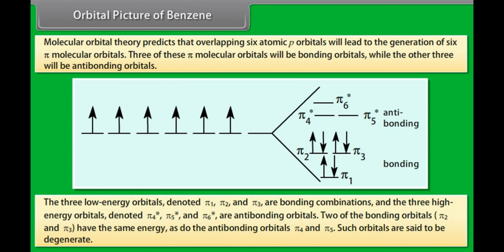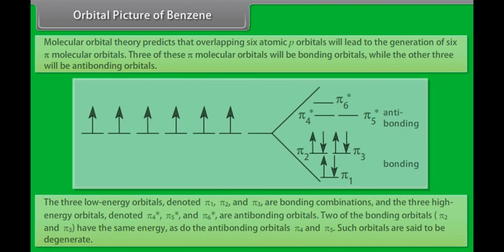The 3 low-energy orbitals, denoted pi1, pi2 and pi3, are bonding combinations, and the 3 high-energy orbitals, denoted pi4, pi5 and pi6, are anti-bonding orbitals. 2 of the bonding orbitals, pi2 and pi3, have the same energy, as do the anti-bonding orbitals pi4 and pi5. Such orbitals are said to be degenerate.